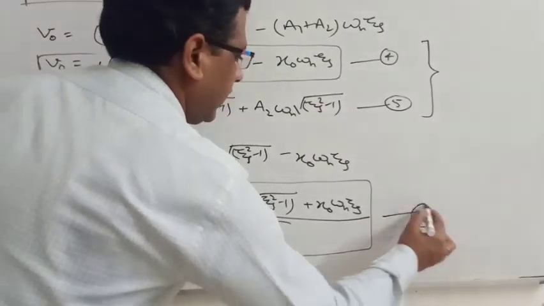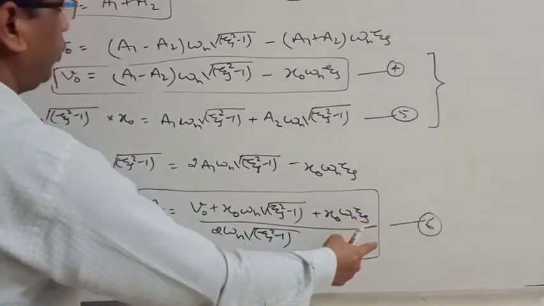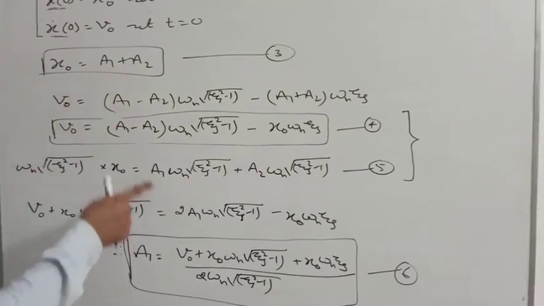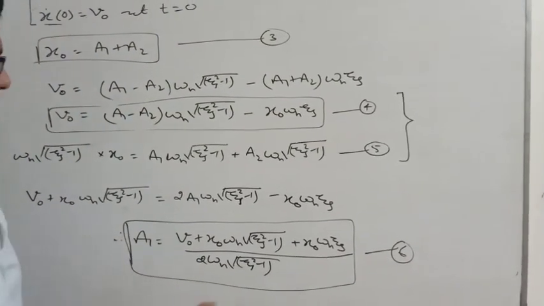If we have the value of constant a1, then by putting the value in equation third, we can calculate the value of a2.